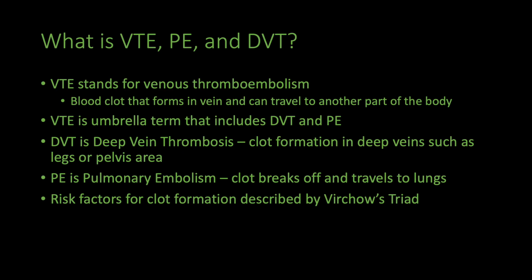So what is VTE, PE, and DVT? VTE stands for venous thromboembolism. It's where the blood clot that forms in the vein travels, and can also travel to other parts of the body. So once a clot forms, it can break off and travel to another place and cause further problems as well.